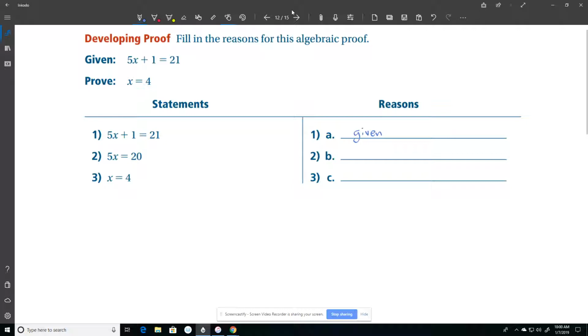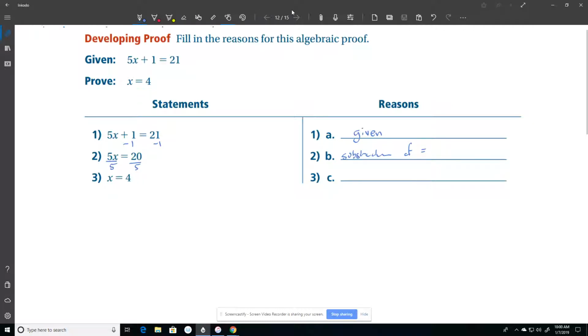And then from there, I get to 5x equals 20. Well, I got there by subtracting 1 from both sides. So we call that the subtraction property of equality, because I can subtract 1 from both sides. Then to get from 5x equals 20 to x equals 4, I divided by 5 on both sides, which is allowed.